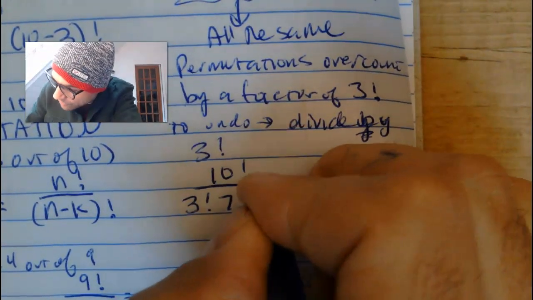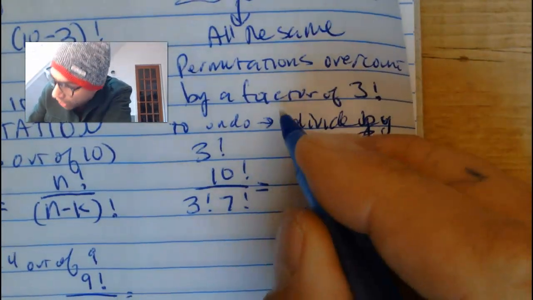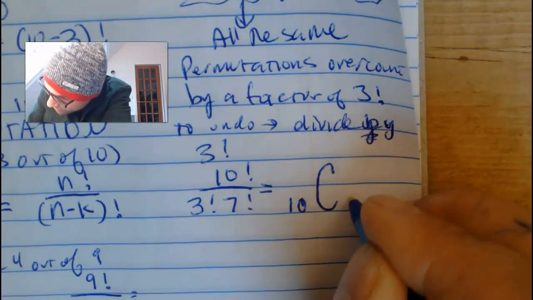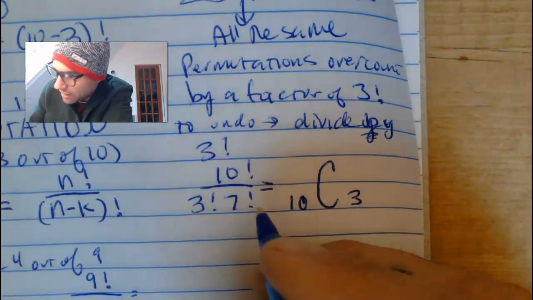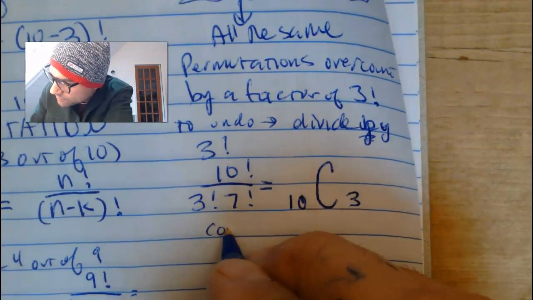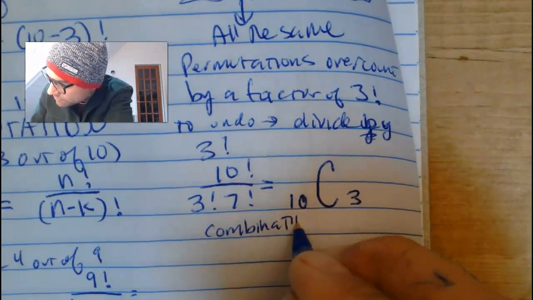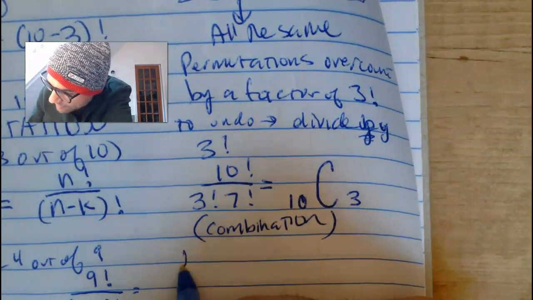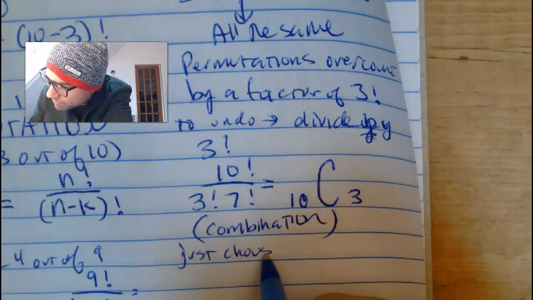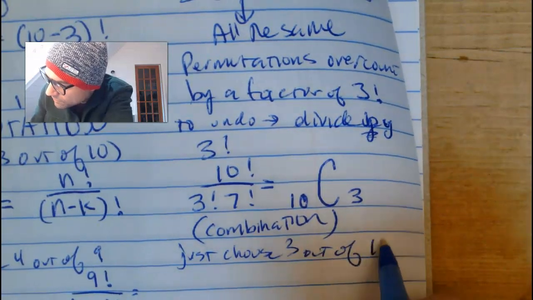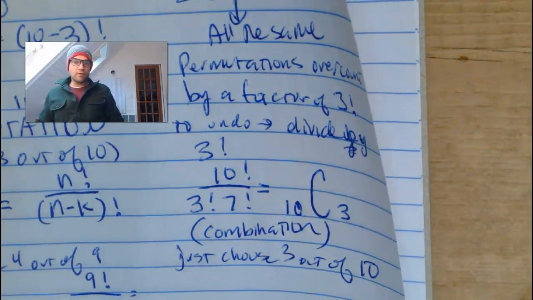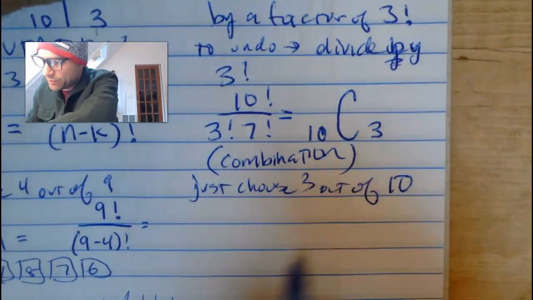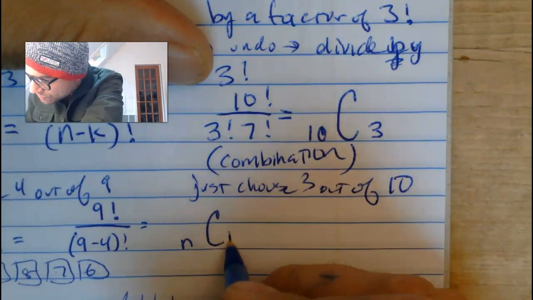And when I do that, notice I end up with something called 10 choose 3, which is a combination. Which is just choosing 3 out of 10. Now, we see this written kind of fancily. The fancy way to write it is n choose k.